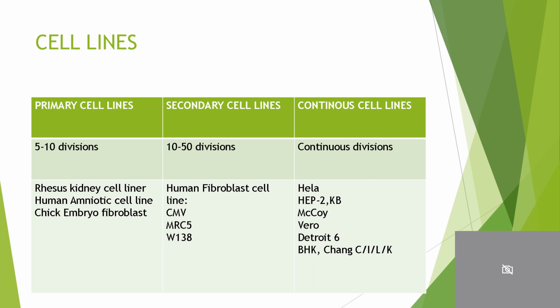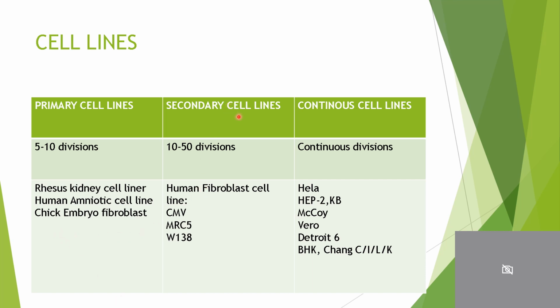Now how can you remember the primary cell lines? You can remember that when we were embryo, we were primates, so in that condition you can recall words like the rhesus and the human amniotic cells, chick embryo. So they all come under the primary cell lines. So we have rhesus kidney cell lines, the human amniotic cell line, chick embryo fibroblast.